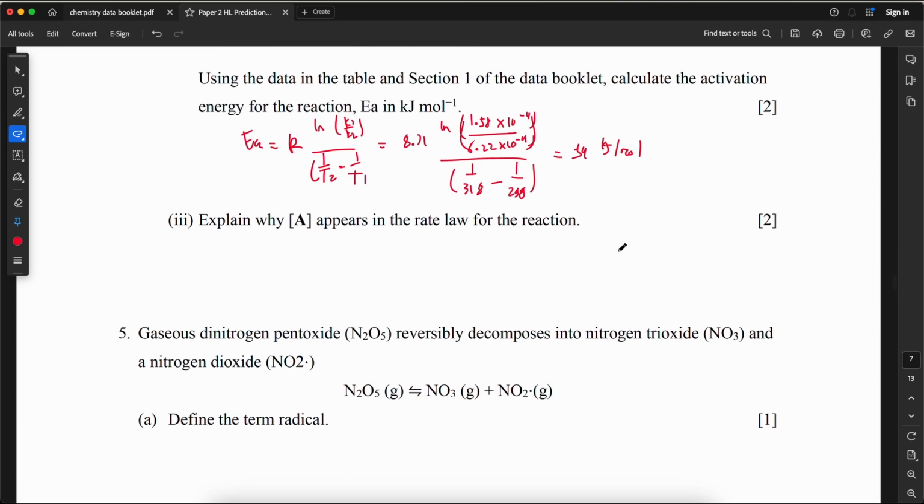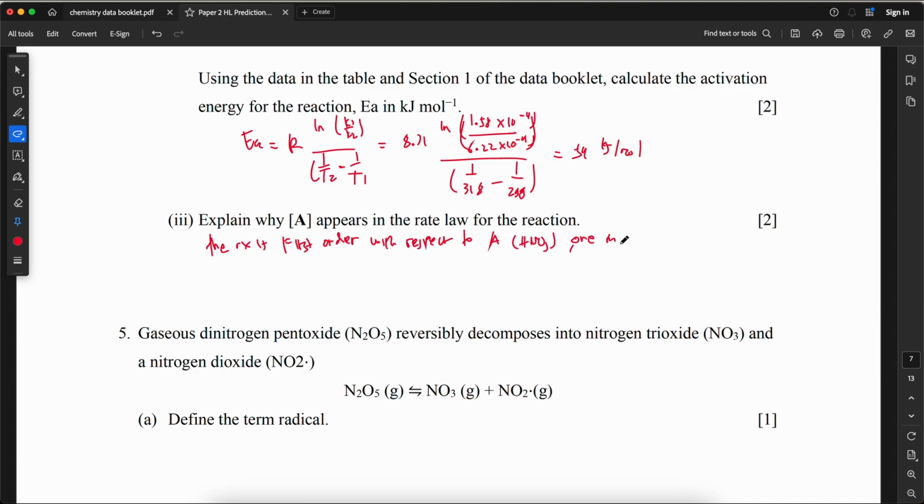Explain why the concentration of A appears in the rate law for the reaction. The reaction is first order with respect to A, which is HNO3.